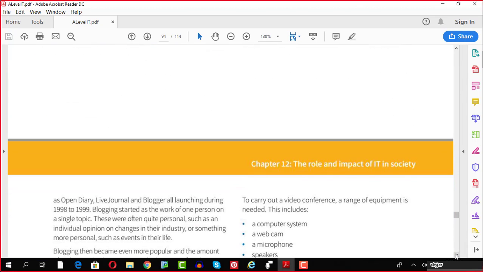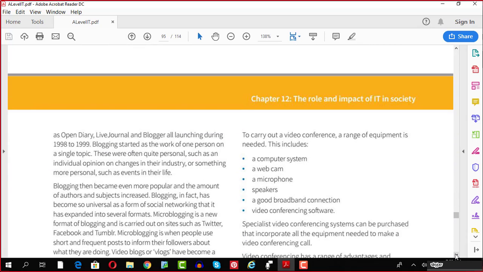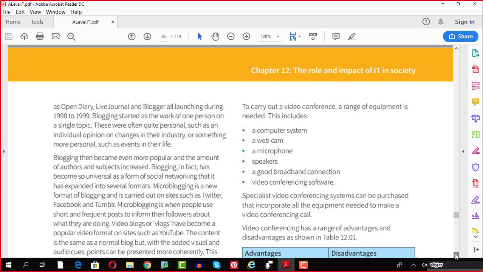If you have an account, you will know what that is. Do you have a Facebook account? No? Really? We have people on this planet who don't have a Facebook account. But anyway, you do know what Facebook does, right?